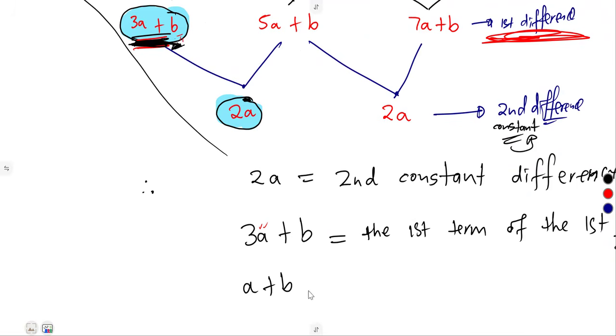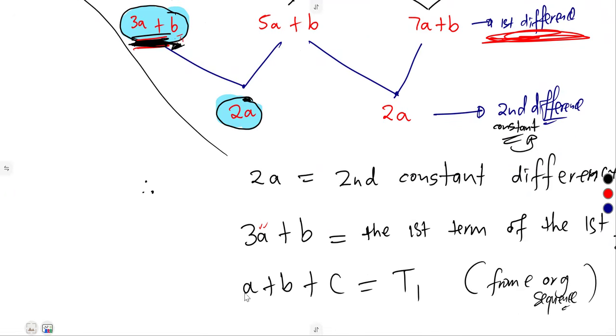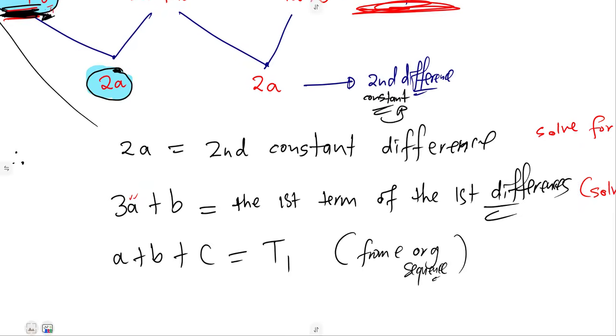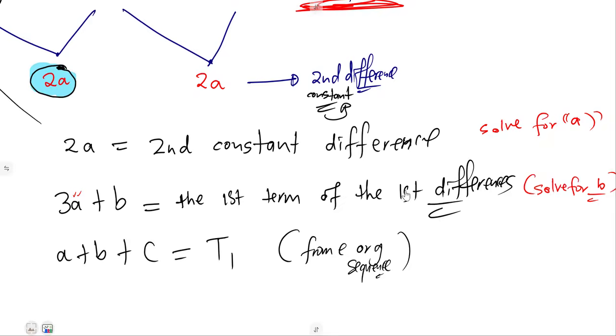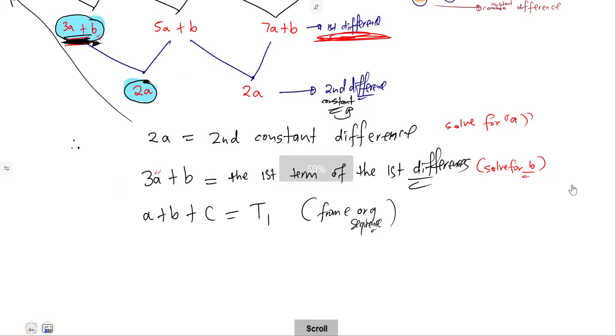A plus b plus c is equal to T1 from the original sequence that we are given, where you solved for a and b before. Remember, you have your a, you have your b, so you must solve for c this time.